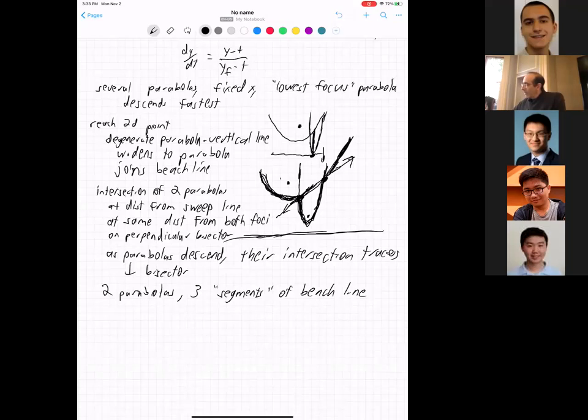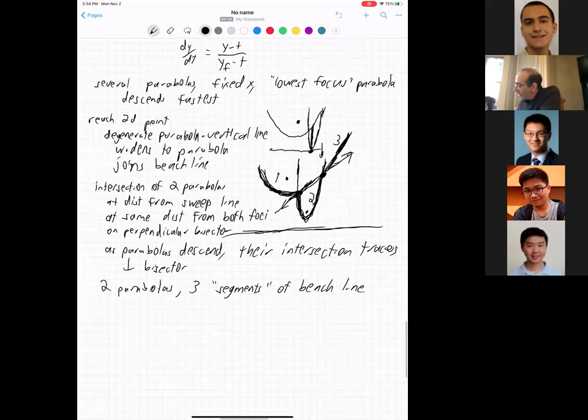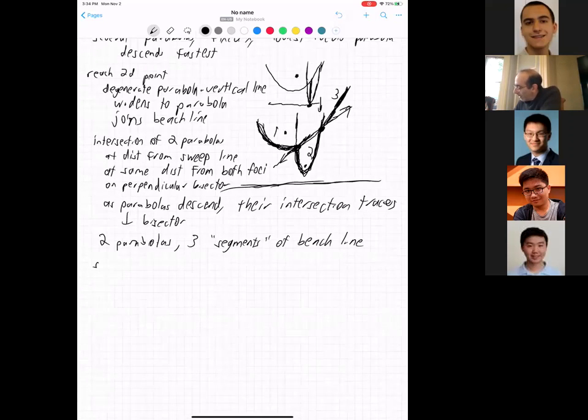So here's one segment, two segments, three segments of the beach line, each of which is defined by part of a parabola. But two of the segments are actually coming from the same parabola. Got it? Yep. Okay.